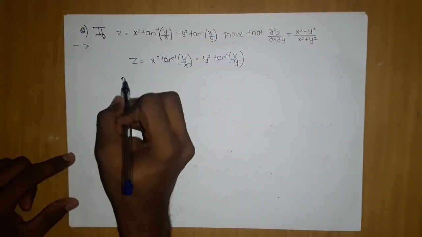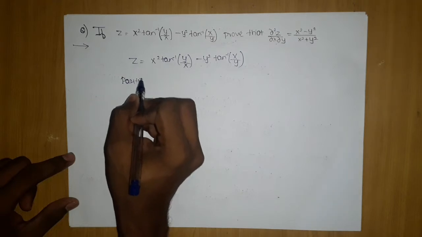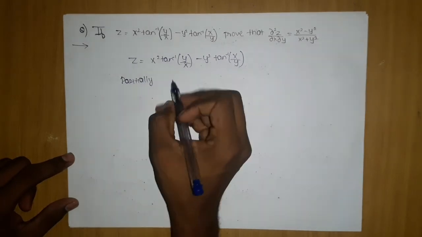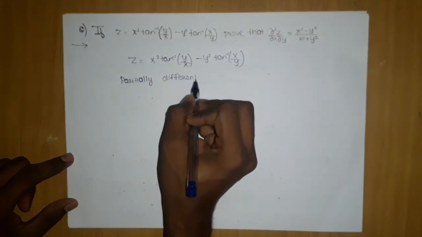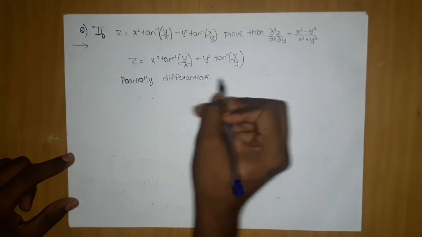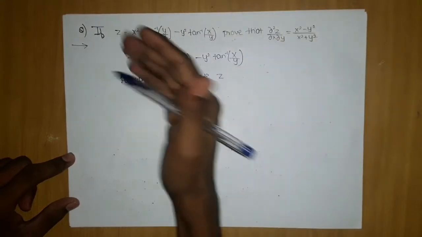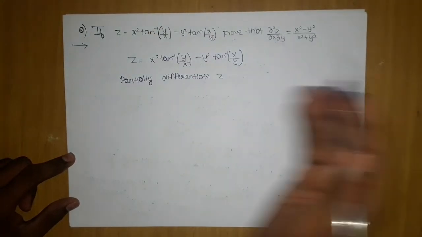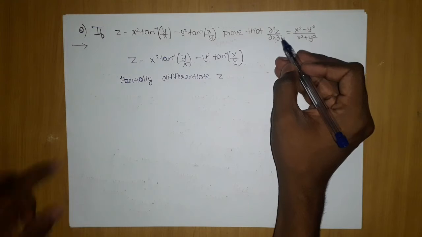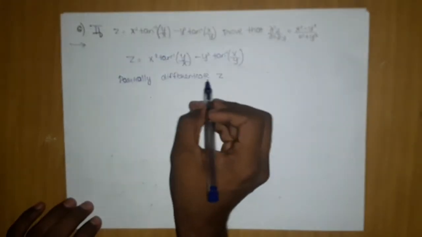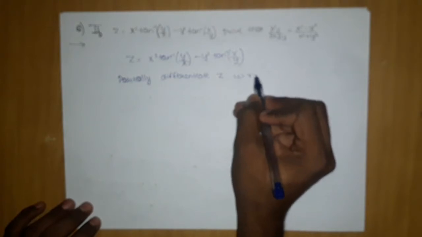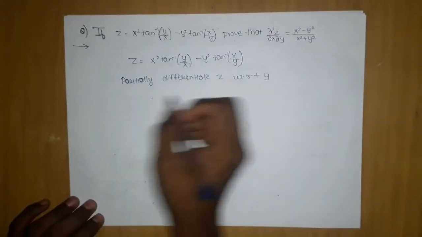So what we want to do is partially differentiate z. You have to move from right to left, so first we will partially differentiate with respect to y and then with respect to x.